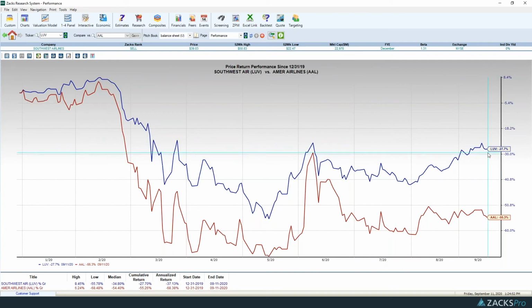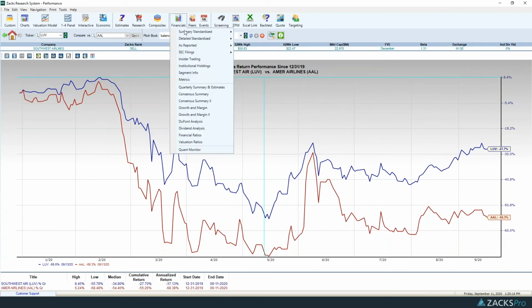So again, if I were a fiduciary recommending clients invest in airlines at this point going forward, or even before the COVID crisis, I would be looking at the balance sheet and just making sure that these companies have not depleted their cash balance or their liquidity.